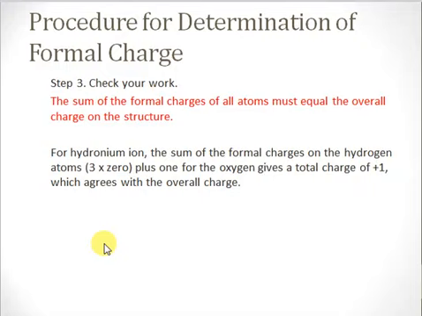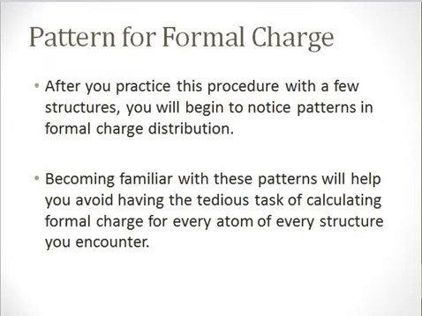For example, the hydronium ion has a +1 charge, so the sum of all the charges we calculated should be +1. The 3 hydrogens had 0 charge, so 3 times 0, plus the +1 on oxygen, gives 0 plus 1, which is +1. It means our procedure is right. In this way we can calculate the formal charge.